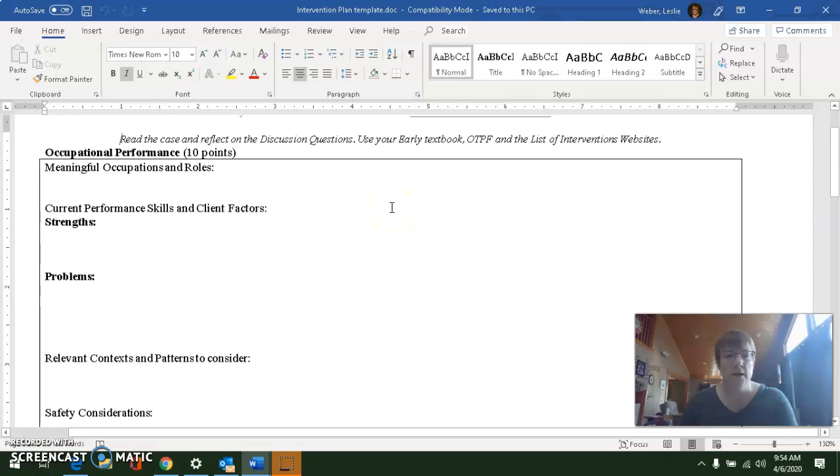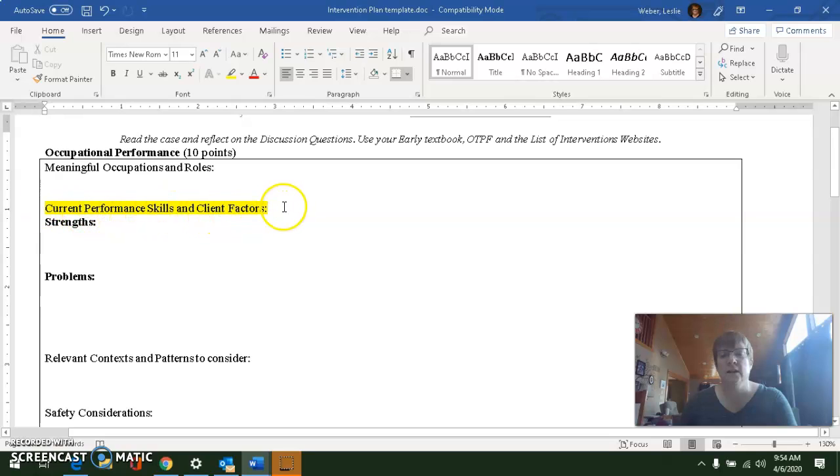Okay, so going back to the intervention plan template. This is, again, where the thought process goes in order to get to know the patient. What is the patient's story? So you're going to list meaningful occupations and roles. Don't forget this. A couple of you forgot this on that part.